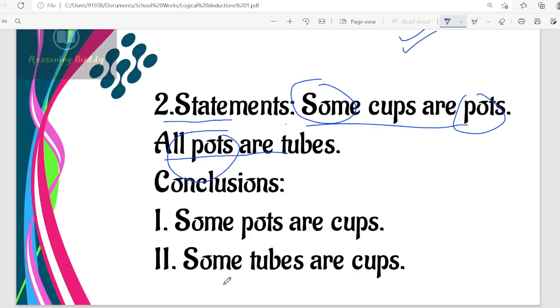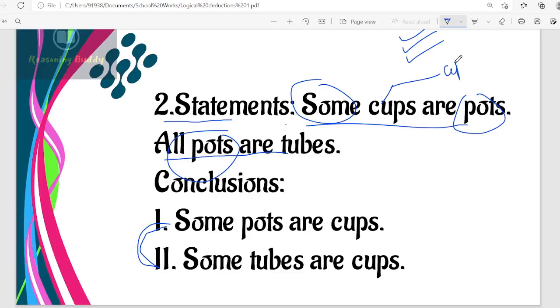So answer should be in particular. So here both are in particular. So if both are in particular, then go for rule 7, that is non-distributed term should be repeated. That is here cups is non-distributed. Cups is non-distributed means it should be in conclusion.